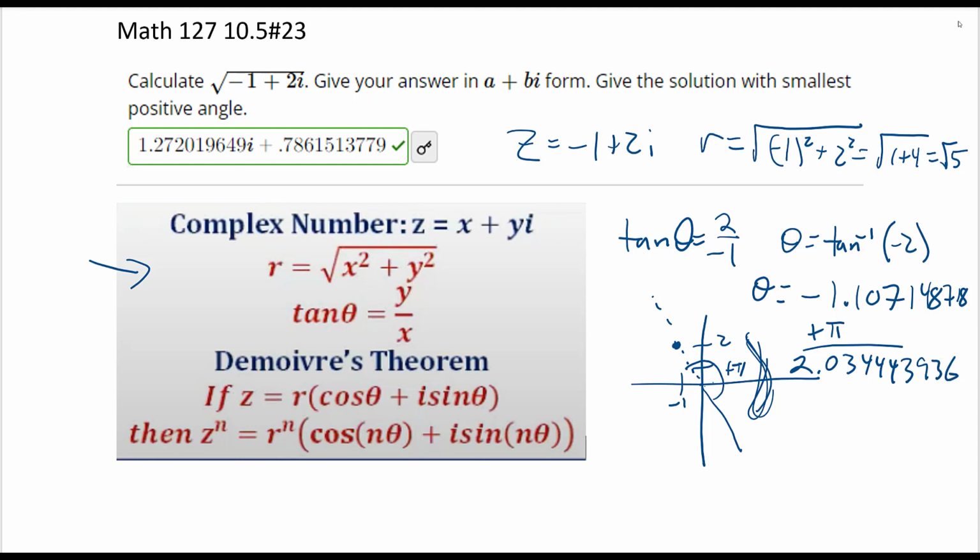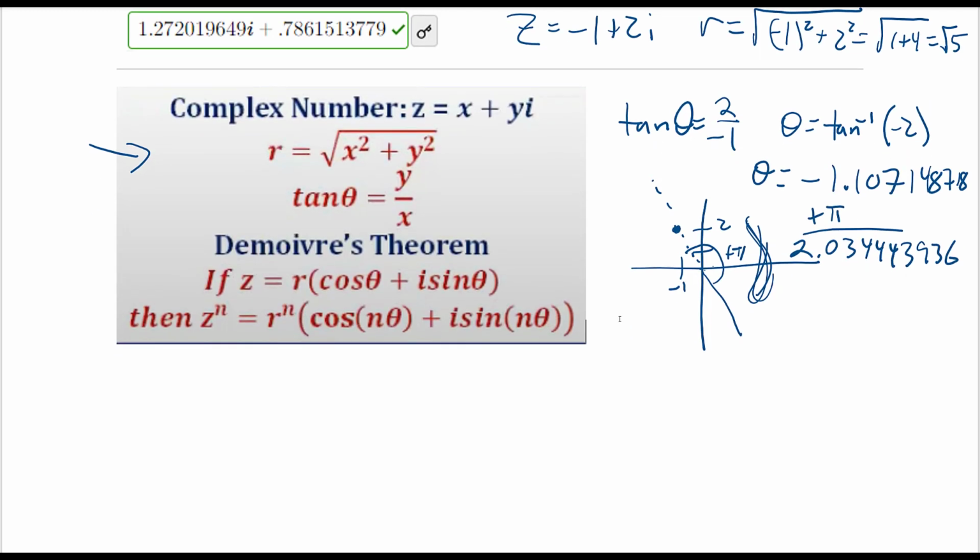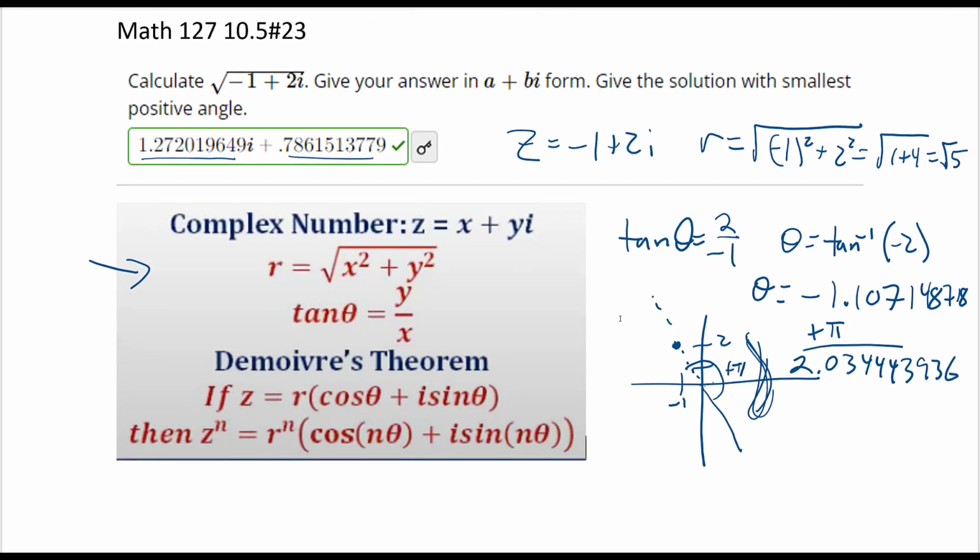And obviously my calculator stores more digits than that. But my point is, we're not going to need all that towards the end, because it looks like this person did have a lot of digits there.